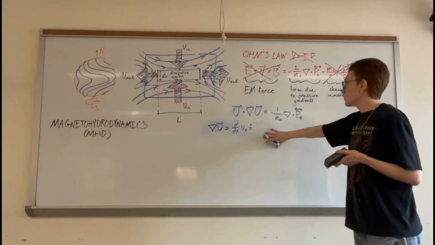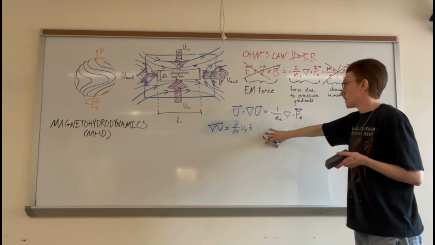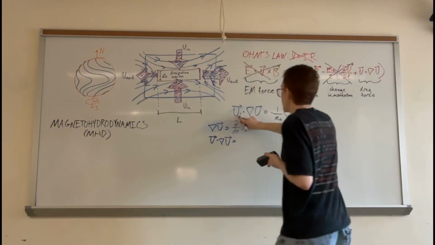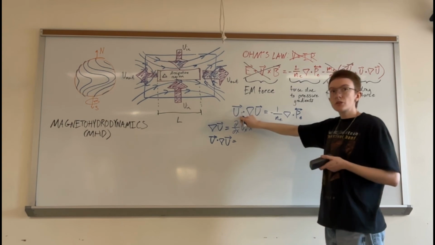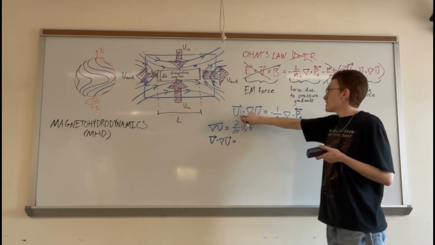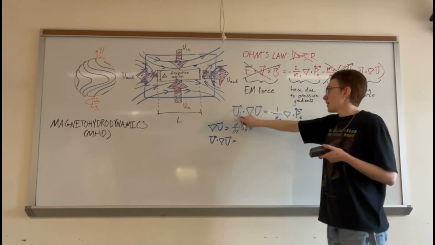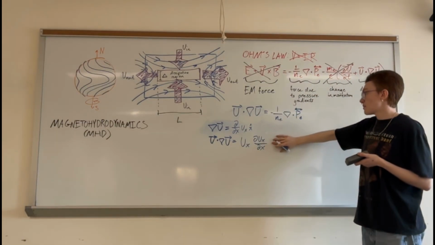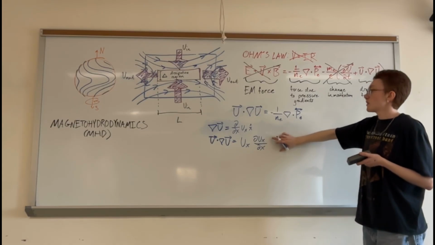So gradient u is d/dx of u_x, and then u dot gradient of u. Well, again, our velocity only has a component in the x direction, so we're just multiplying this x component by the x component of our gradient here. So what you end up getting is u_x times d/dx of u_x.